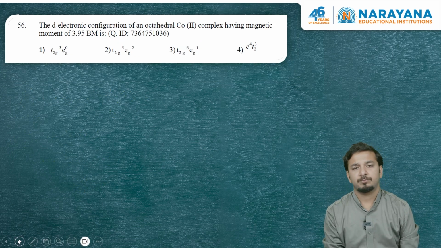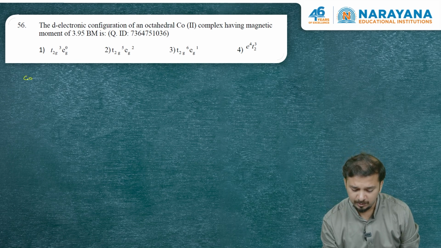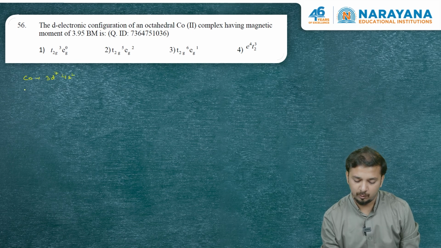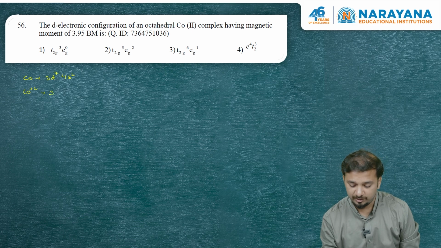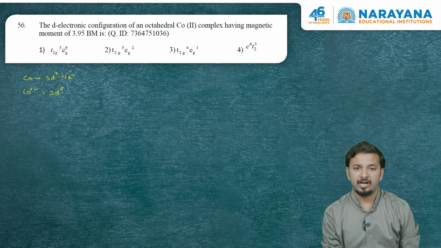Moving to next question. The d-electronic configuration of an octahedral Co3+ complex having a magnetic moment of 3.95 BM is. So we know cobalt configuration is 3d7 4s2. Now they are saying we have cobalt plus 2 ion. So cobalt plus 2 means configuration will be 3d7. Now along with this they have given that magnetic moment of 3.95 BM.